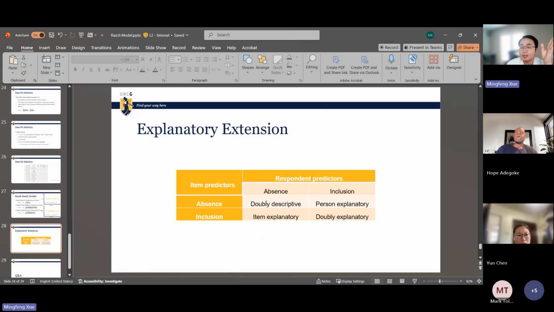Of course, if there's no item predictor or person predictor, this becomes the model we just saw. This is what we call the double descriptive model. We only describe the latent trait of the person and the item difficulty of the item. And if we have both predictors, this is called the double explanatory IRT model. We explain both latent trait and item difficulty. So this is the extension of it.